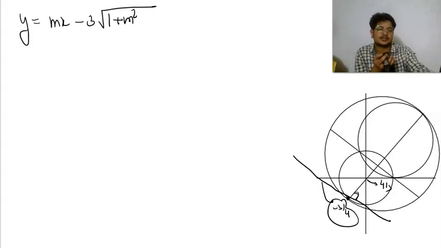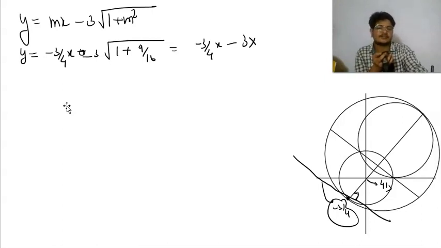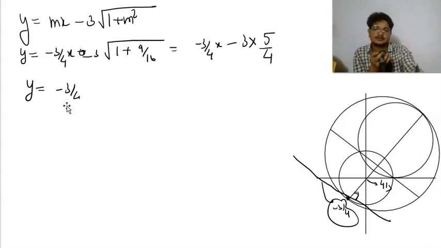Now I will put the value of minus 3 by 4: y = −3/4 x − 3·√(1 + 9/16), that is −3/4 x − 3·√((16 + 9)/16). 16 plus 9 gives 25, and the root of 25 is 5 by 4. If I solve this, I get y = −3/4 x − 15/4.